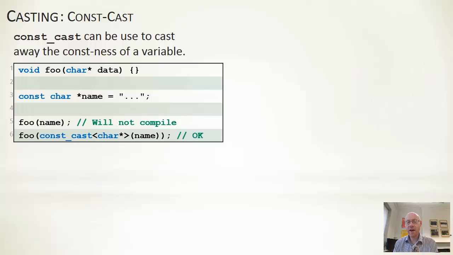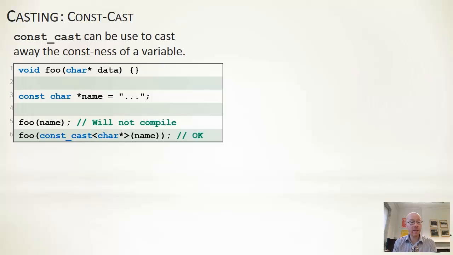At line 5 we have something which will not compile. There we're calling foo, and foo says, I want a character pointer. Now that character pointer is not const, so it's allowed to be read from, but also written to, changed. So foo says, I want to accept a pointer to an array of characters, but I want the ability to write to them, to read them, whatever I want to do.